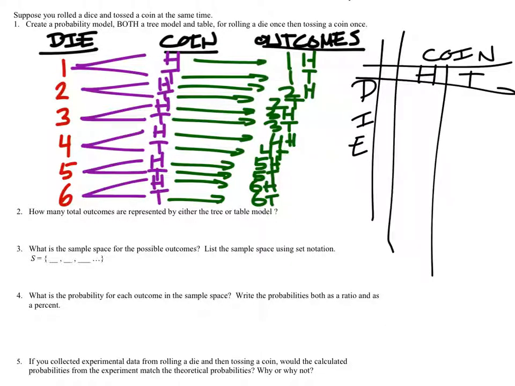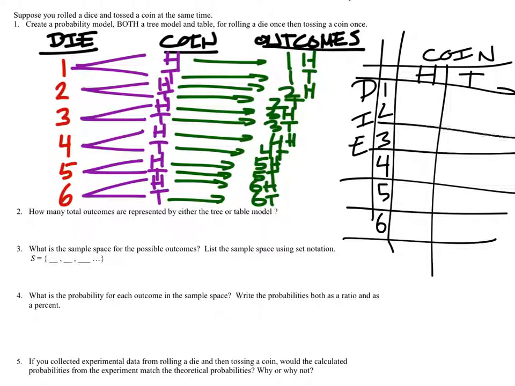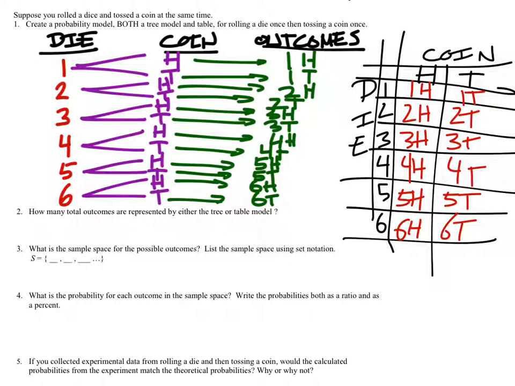And for the dice, you're looking at either 1, 2, 3, 4, 5, or 6. And then this creates our table like this right here. So the outcomes, again, this is a 1H, 2H, 3H, and so forth. Same outcomes, same number of outcomes even. And as it turns out, that is a sample space.